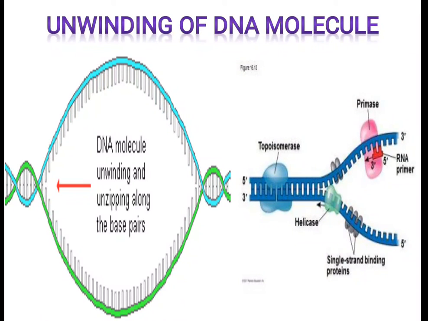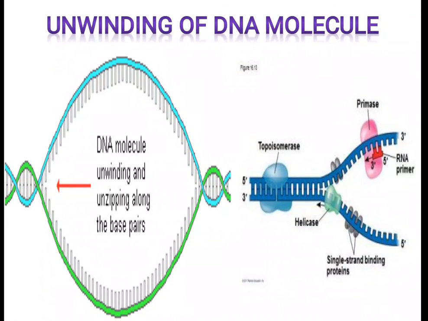There is an enzyme which actually causes the breaking of the hydrogen bonds, and that enzyme is called helicase. In this process, magnesium acts as a cofactor. Unzipping takes place in alkaline medium. This you have to remember, that unzipping takes place in the alkaline medium.